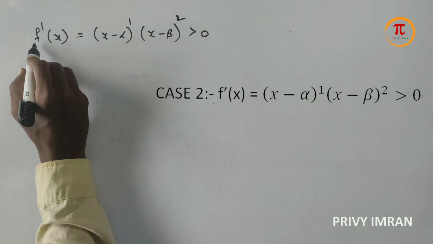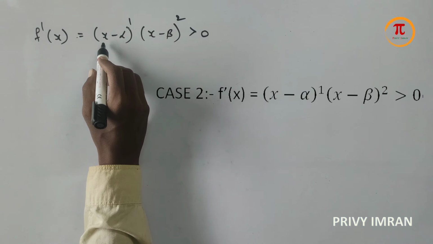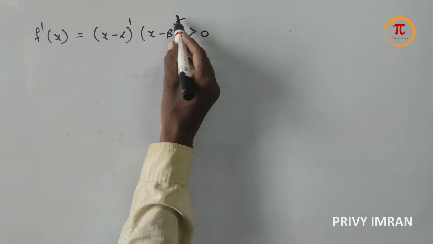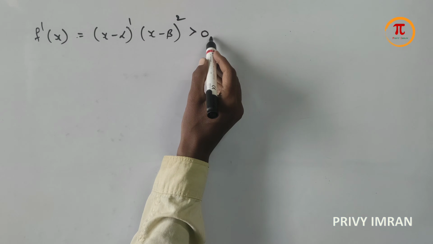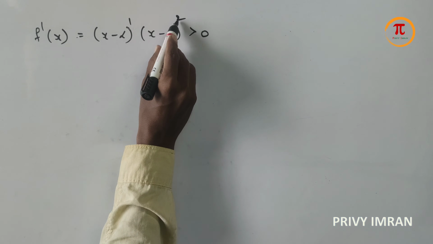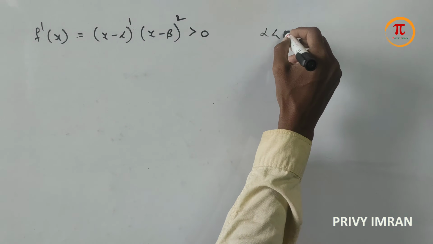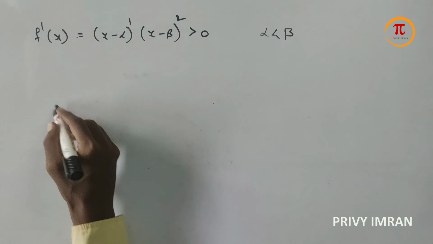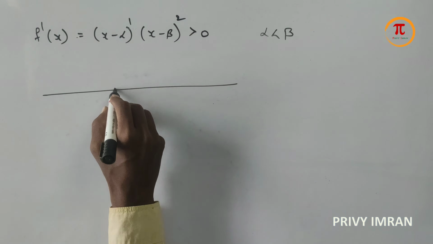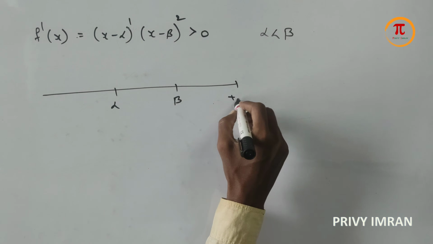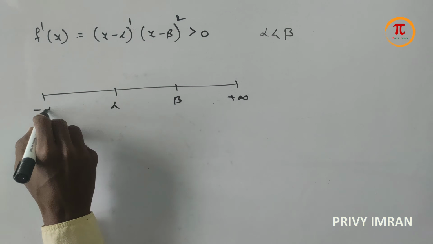Now let me consider f dash of x equal to (x minus alpha) whole power 1 into (x minus beta) whole square is greater than 0. Here I have considered an even power, where let me consider the same condition, alpha is less than beta. Now let me draw a number line with alpha and beta in increasing order, here plus infinity and minus infinity.